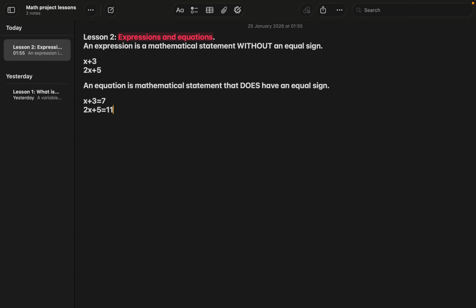So here is the key difference. An expression shows a calculation, an equation asks a question. We gotta write this down.